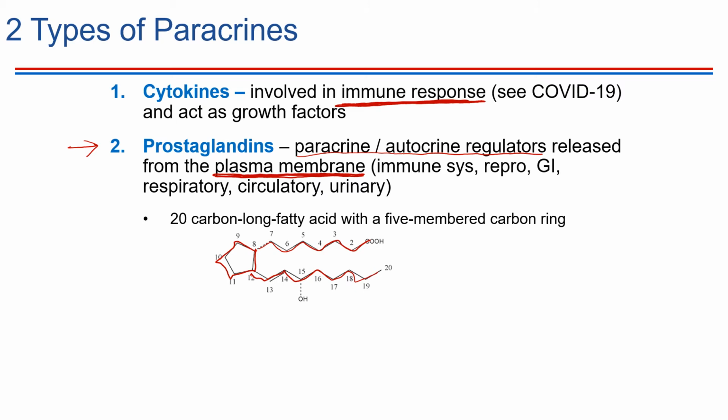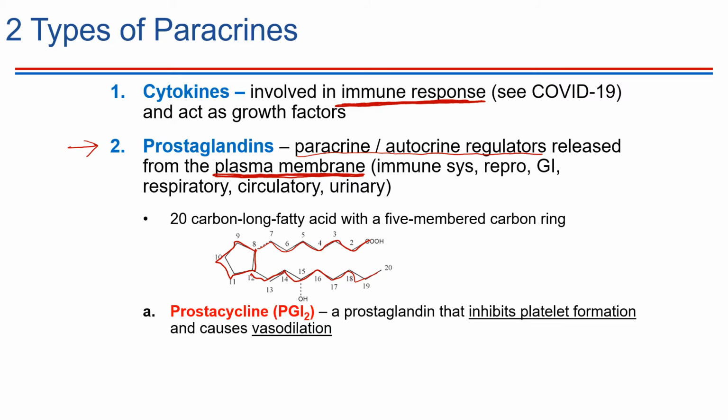So there are a couple of different types of prostaglandins that we're going to look at as related to blood clotting. And these prostaglandins will have many different effects throughout the body. But the first one that we're going to look at is called prostacyclin.